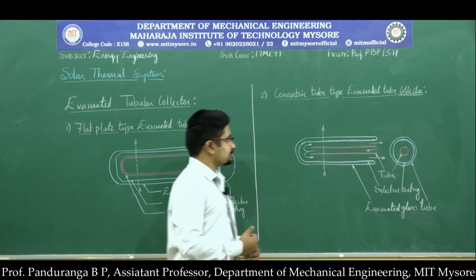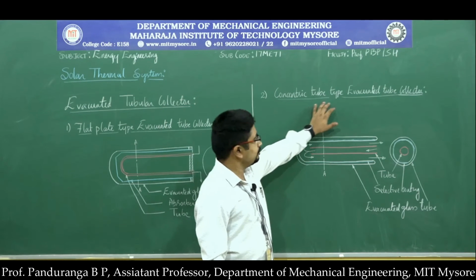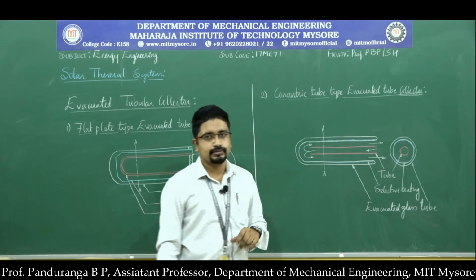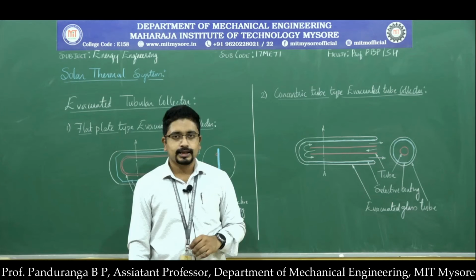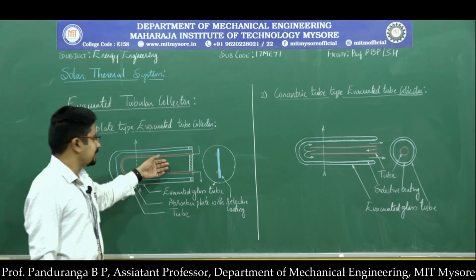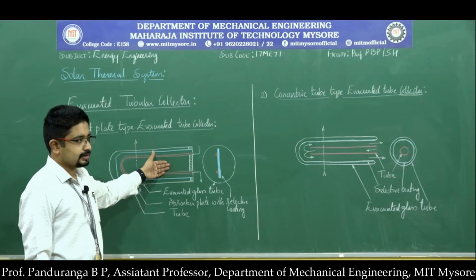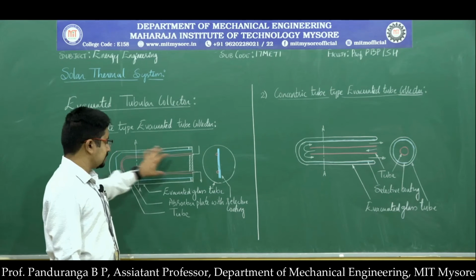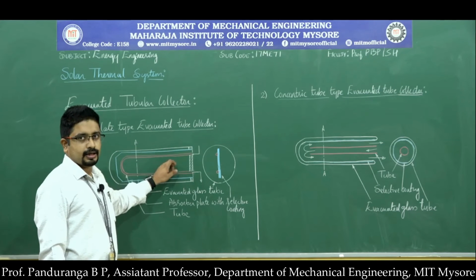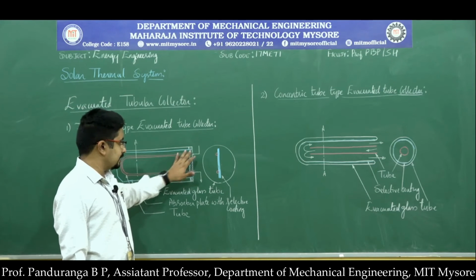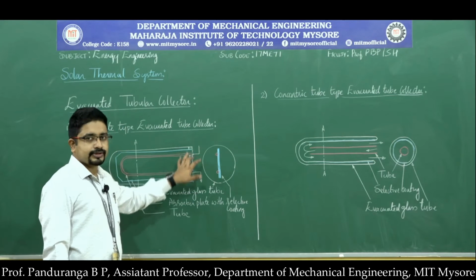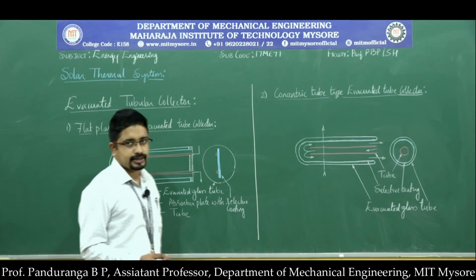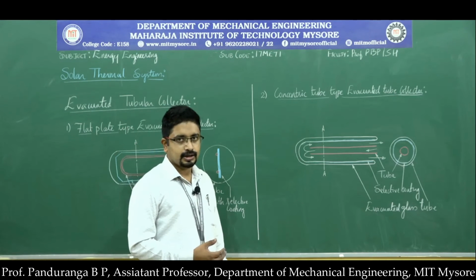We have another arrangement, the concentric tube evacuated tube collector. In this case, a module of a flat plate collector is inserted inside a large tube. Still, there are places where there is physical contact, and from there the energy can be lost.